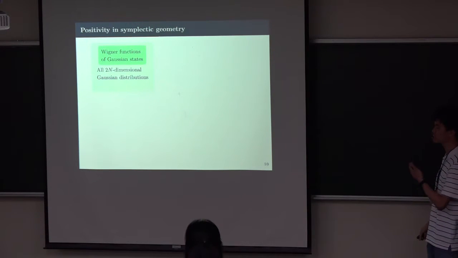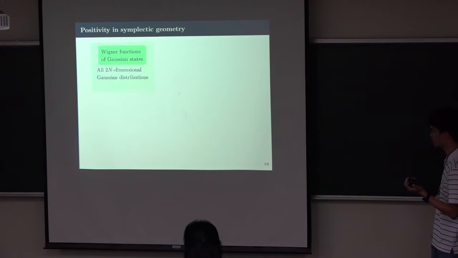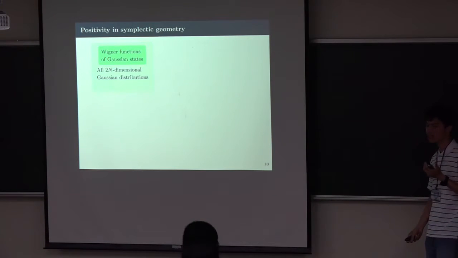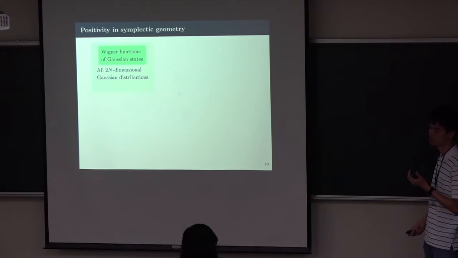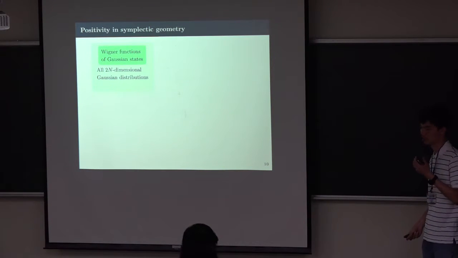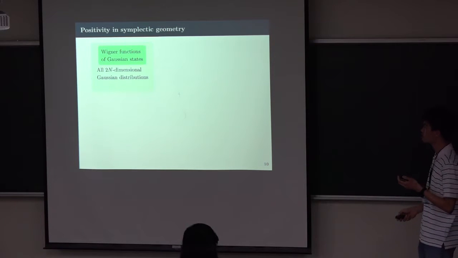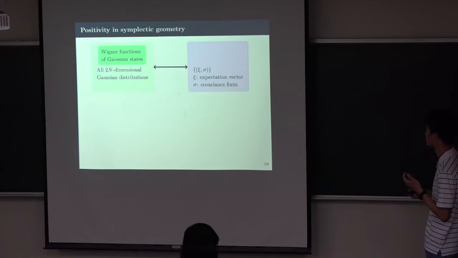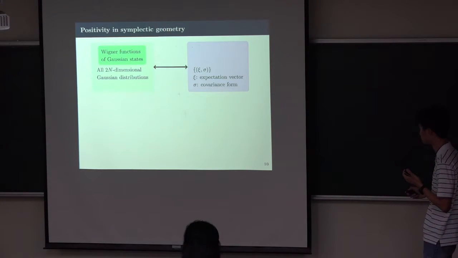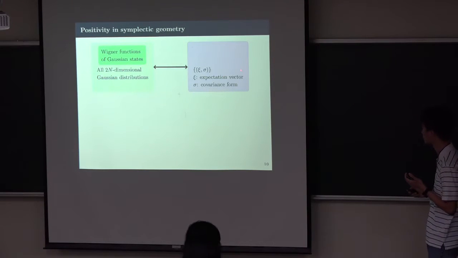And recall in the original formulation, the validity condition is not written directly using the Wigner function, but in terms of the covariance function. So here we parameterize this larger set using the expectation vector and the covariance form.